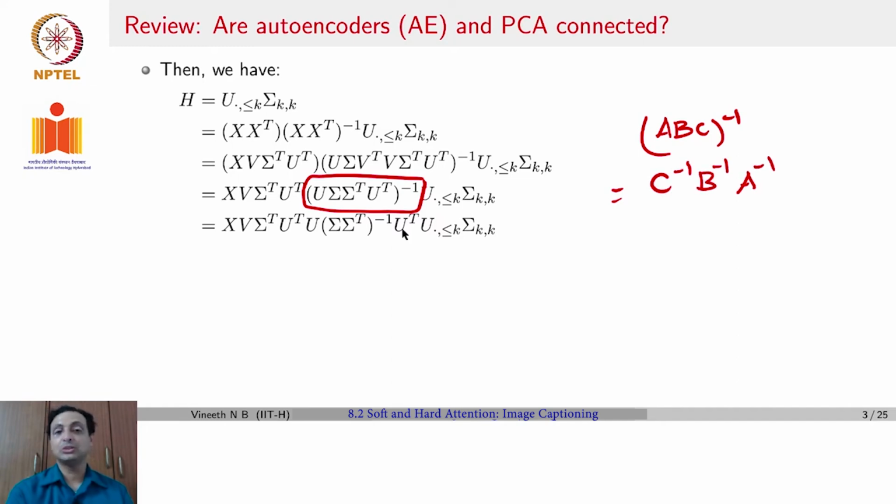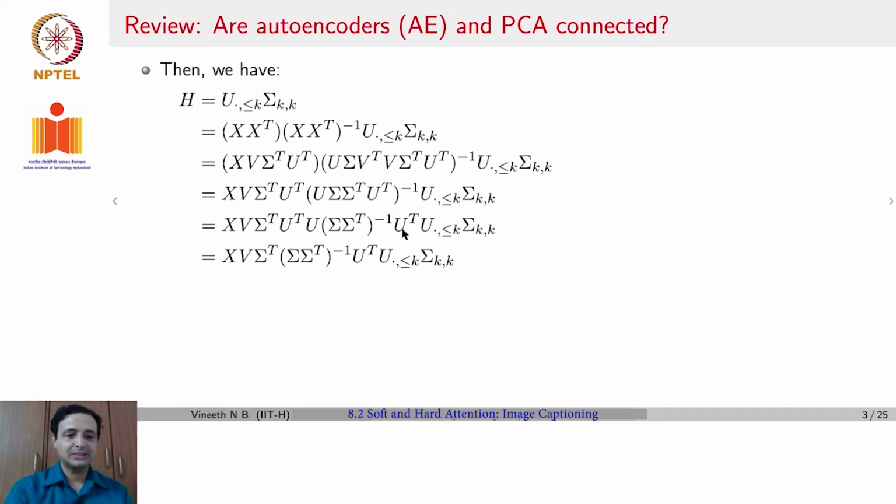Now, U transpose inverse will be U itself. Sigma transpose inverse stays that way, and U inverse is U transpose. Once again, you can interchange inverse and transpose because U is an orthogonal matrix when you do SVD decomposition.